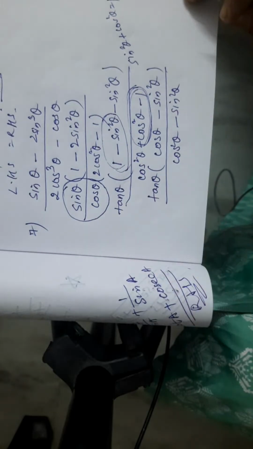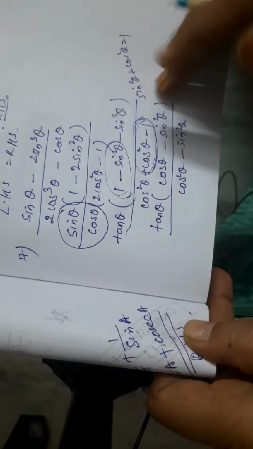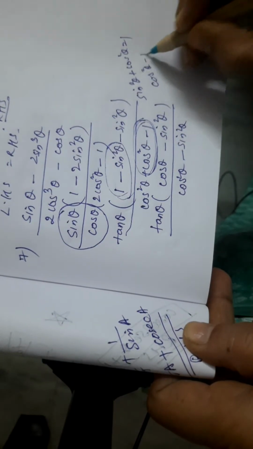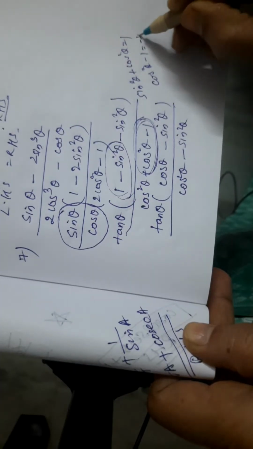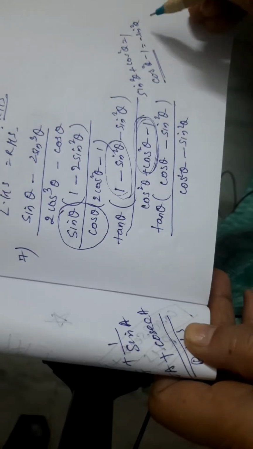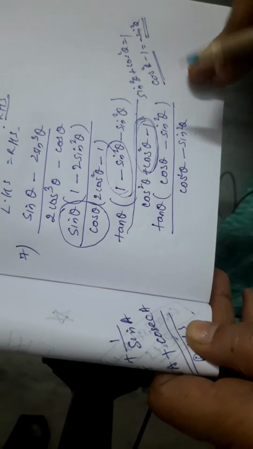If I shift 1 to the left side and sin square to the other side, cos square theta minus 1 will be minus sin square theta. So this will be replaced with minus sin square theta.